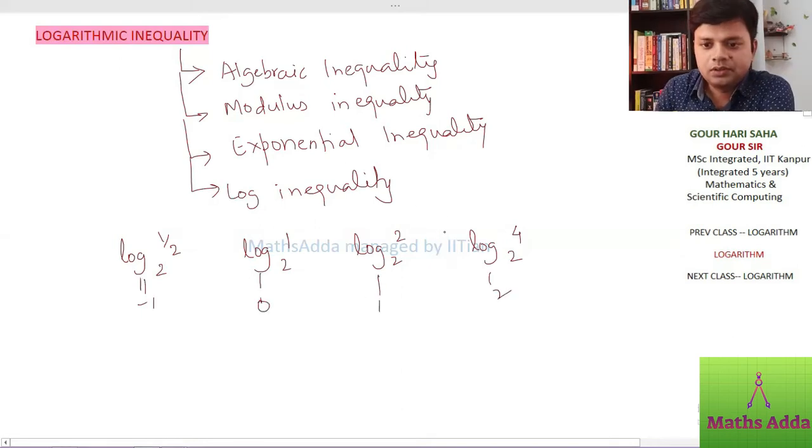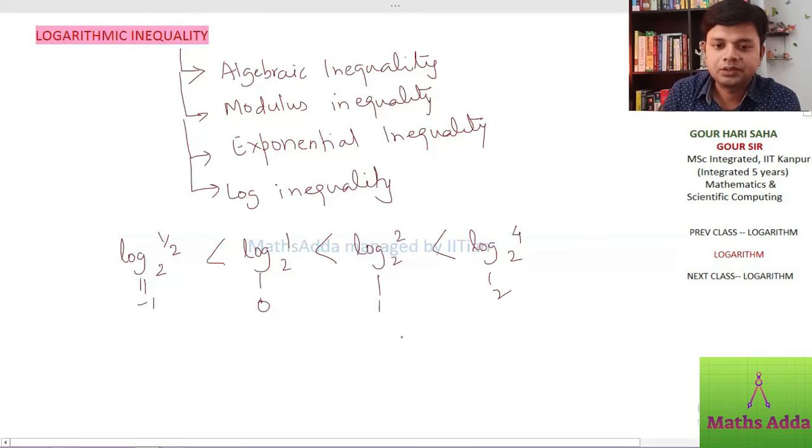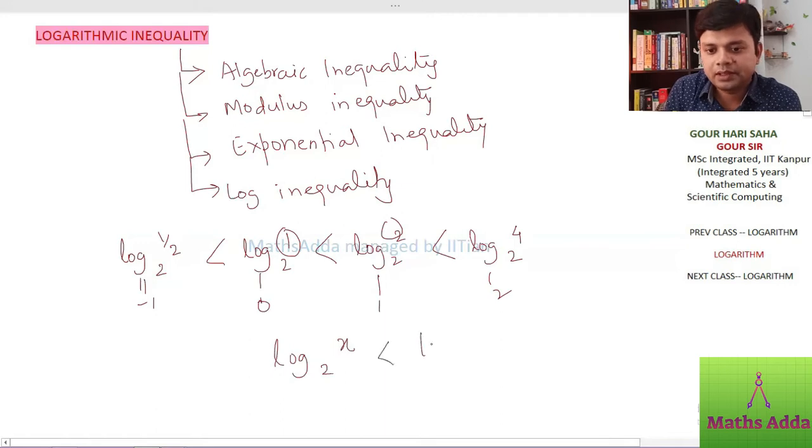So this means log 4 is greater than log 2. So what we see, if the term is larger, the log term is also larger. 1 is smaller than 2, so log 1 is smaller than log 2. Or I can say if log is less, the number is less. So what can I say in general? Log of x base 2 is less than log of y base 2 implies x is less than y.